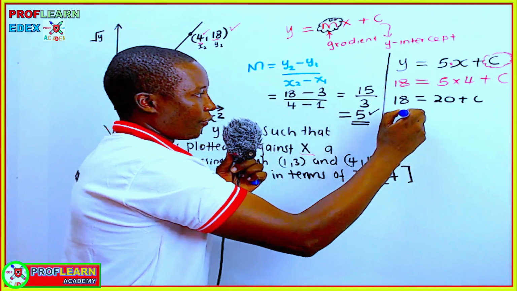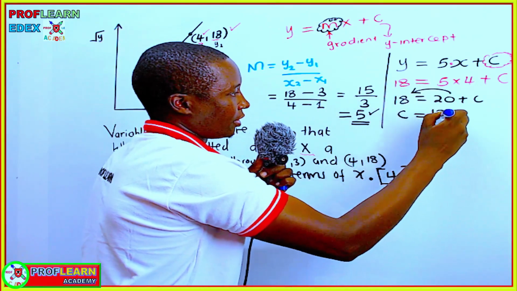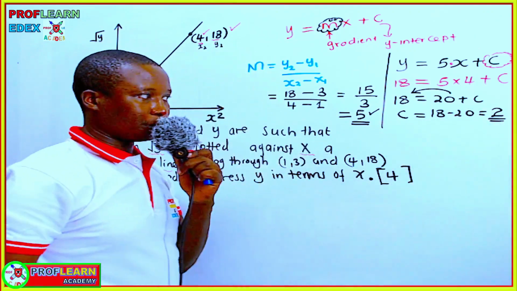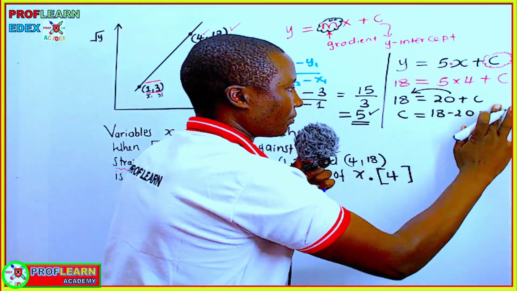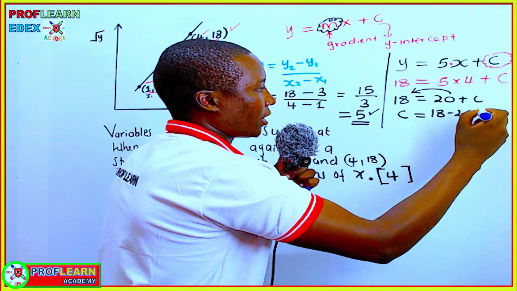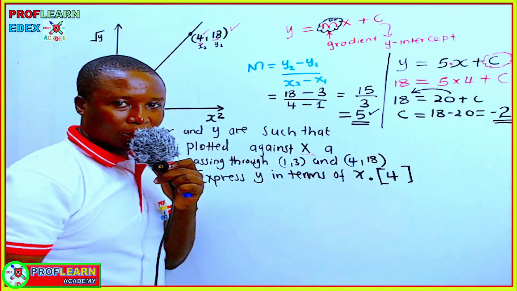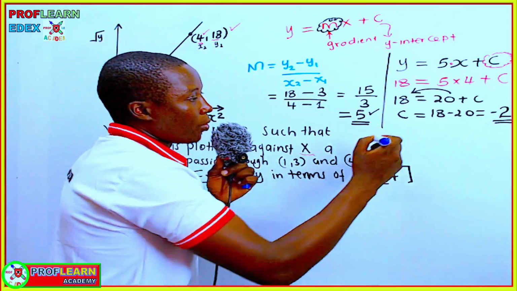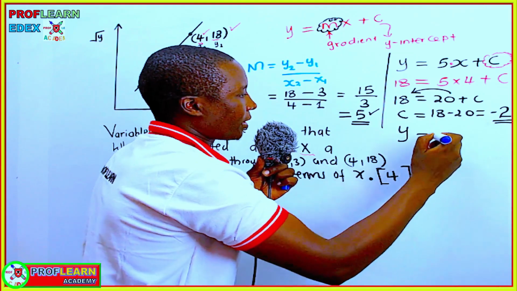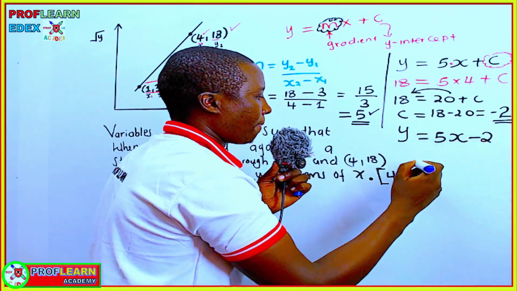If we find the value of c by taking this to the other side, we have 18 minus 20, which is negative 2. So c is negative 2, and our equation becomes y equals 5x minus 2.